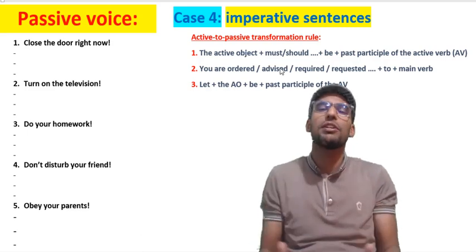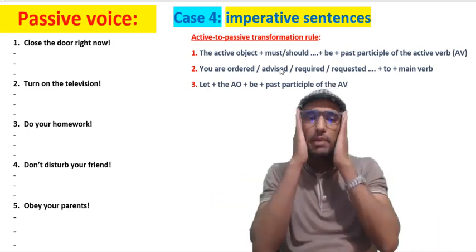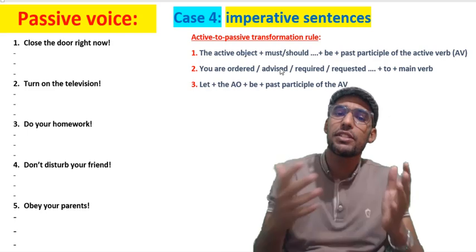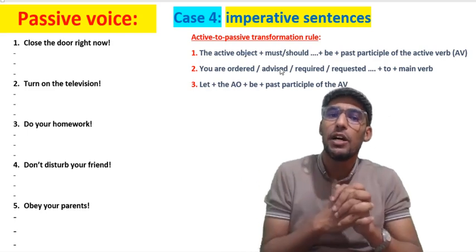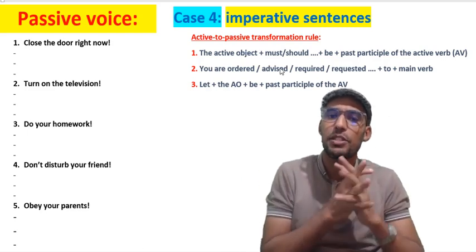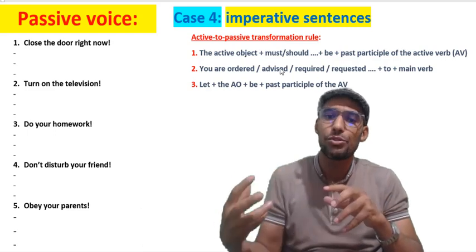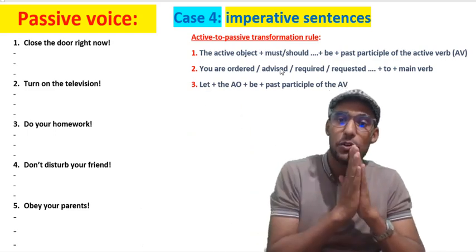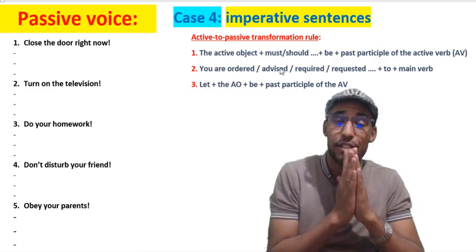It's either in the singular form or in the plural form, it doesn't matter, right? That's why we can start this way to put our statement in the passive form. You are ordered, instead of starting with the active objects.